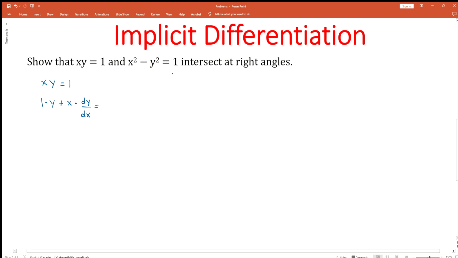1 is a constant, so its derivative is equal to 0. We can simplify this equation. 1 times y is y. We have to isolate dy over dx in this equation. So we should move the y term to the right side of the equation. It will become negative y.